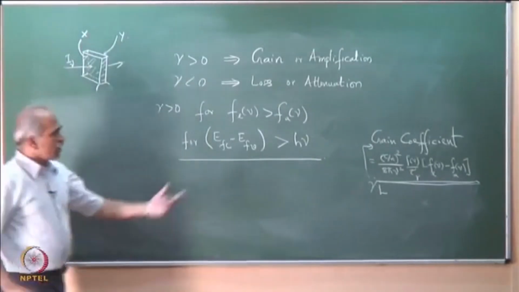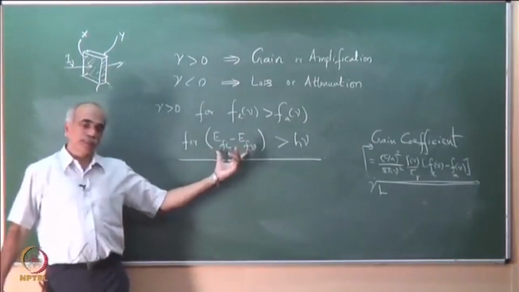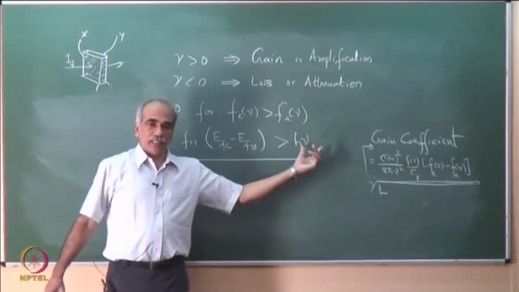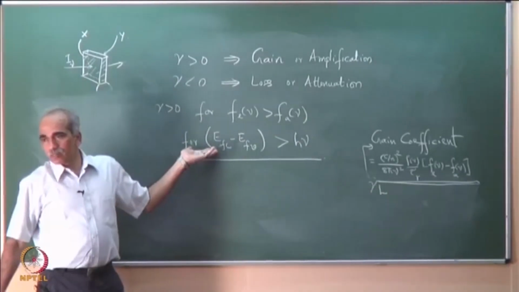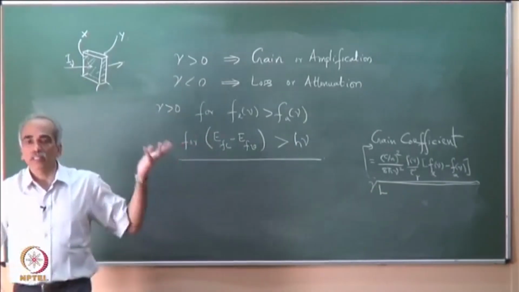So, the separation between the quasi Fermi levels, if this is greater than h nu, then for all those frequencies we have gain in the medium.